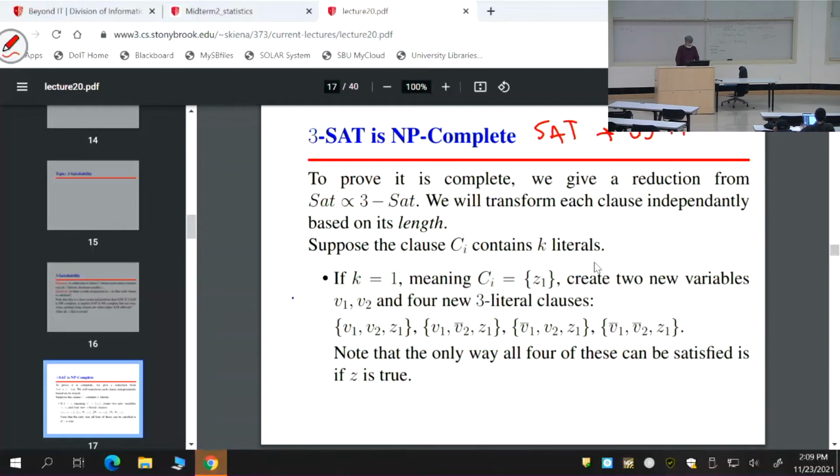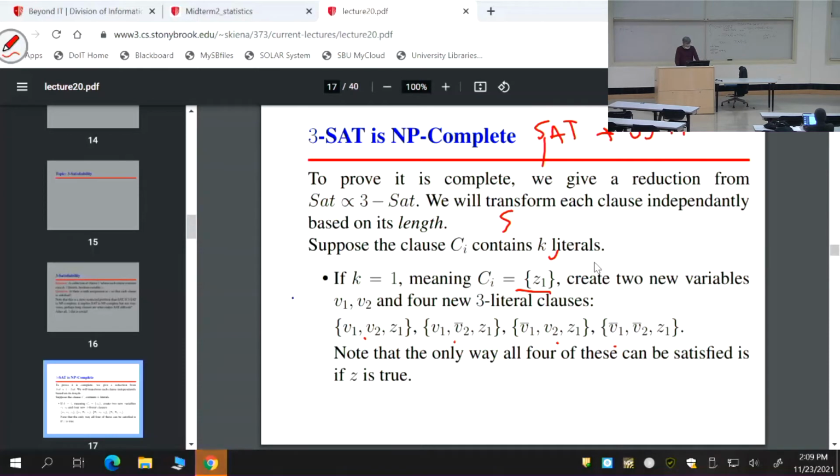How can I take a clause in sat on one literal and make it into a set of clauses on 3 literals such that if this is satisfied, all of these are satisfied?